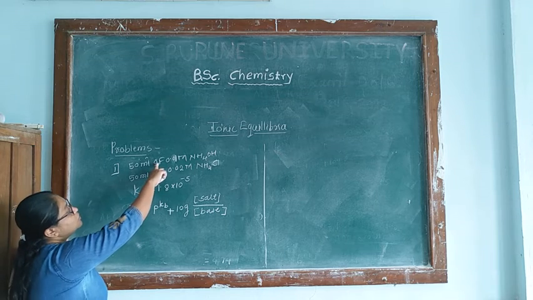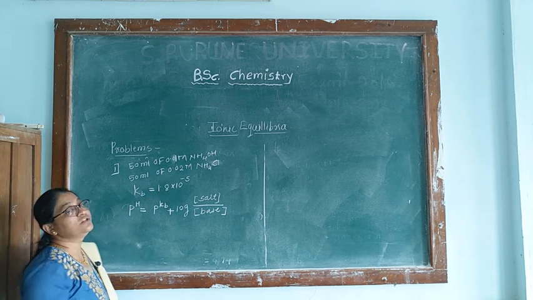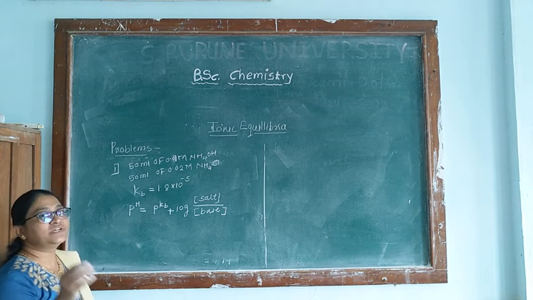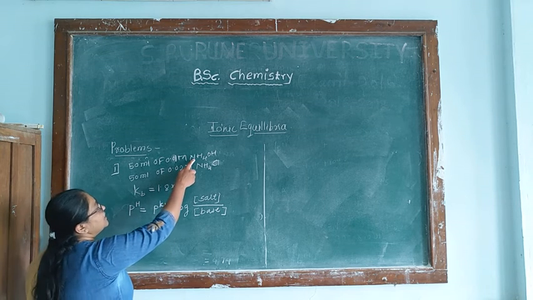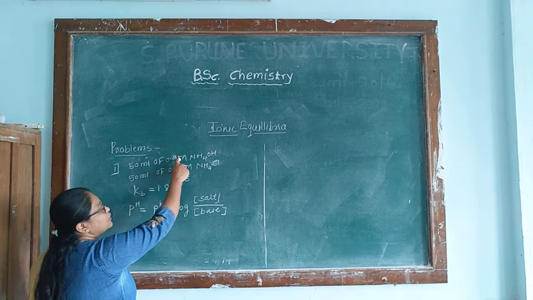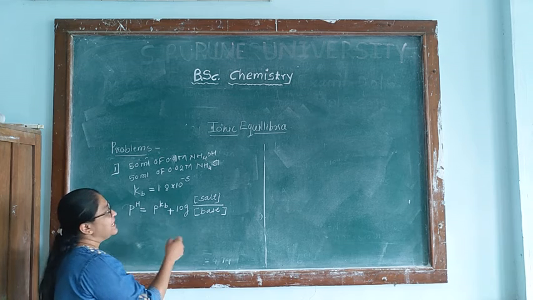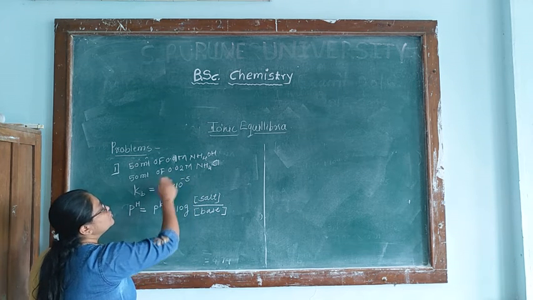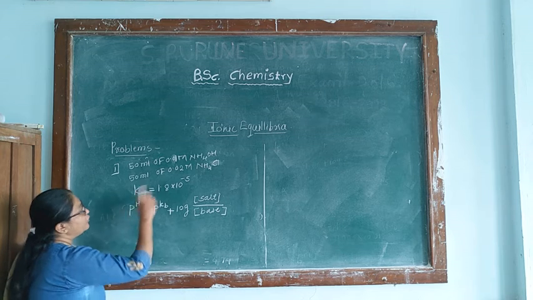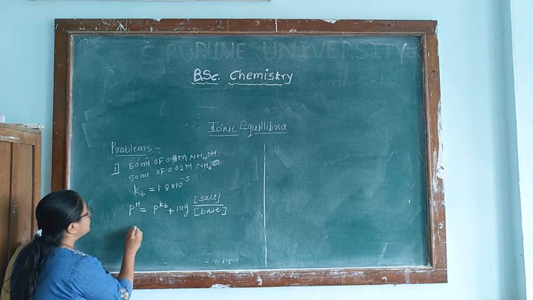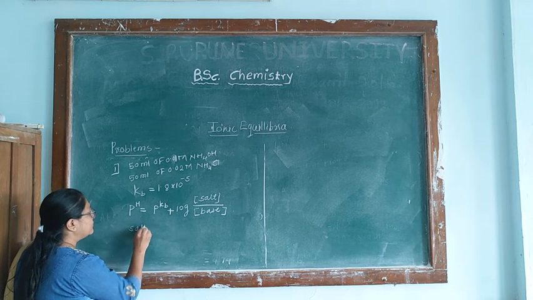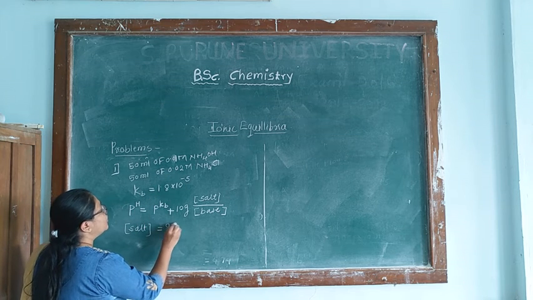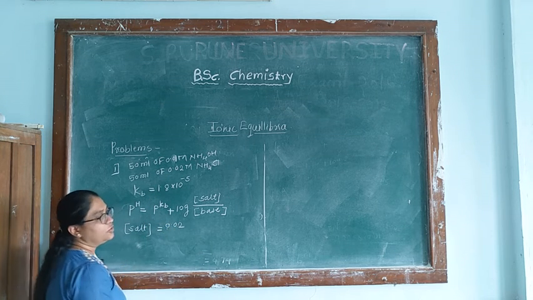Now here two solutions are mixed. Total solution made is 100 ml. Therefore, we will have to first calculate the concentration of the base when these two solutions are mixed, and also the concentration of the salt when these two solutions are mixed. First the concentration of the salt. The concentration of the salt is taken to be 0.02.